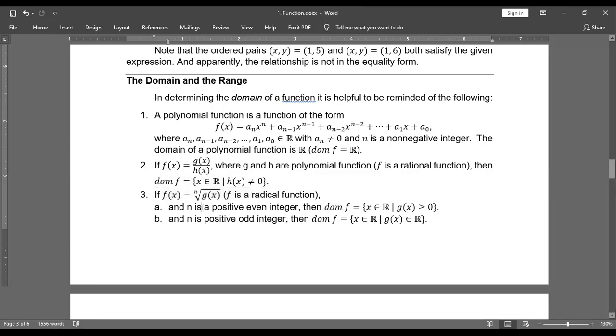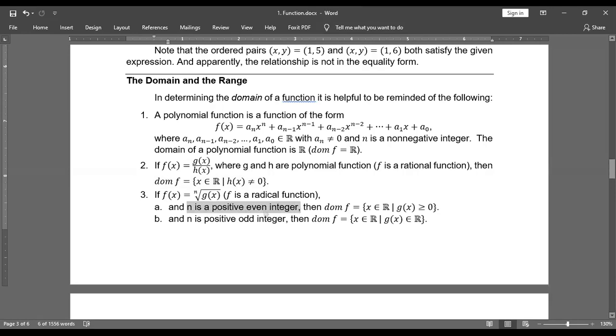First, let's be familiar with the parts of the radical function. Recall natin. We have n here is called the index of the radical function, and of course the radical sign, and the expression inside the radical sign is called the radicand.